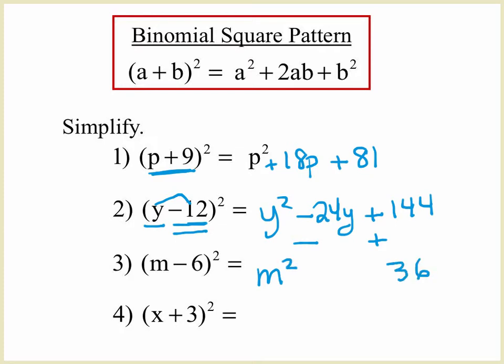What kind of 36? It would be a positive 36. Negative 6 times negative 6. And the middle term will be 2 times negative 6 times m, which would be negative 12m.